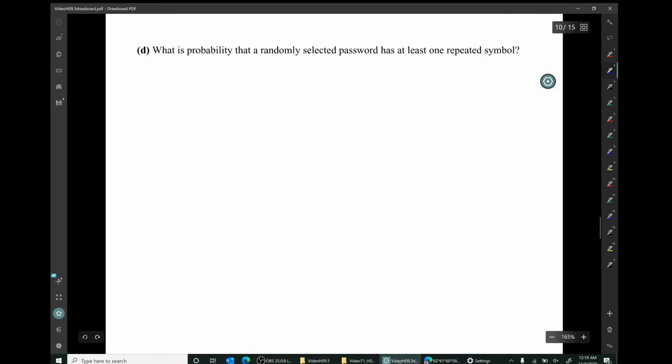Question D, what's the probability that a randomly selected password has at least one repeated symbol? And again, here we're talking about passwords of length 4, 5, or 6. Well, that's going to be, by the equal probability rule, just the number of those passwords that have at least one repeated symbol divided by the number of all passwords.